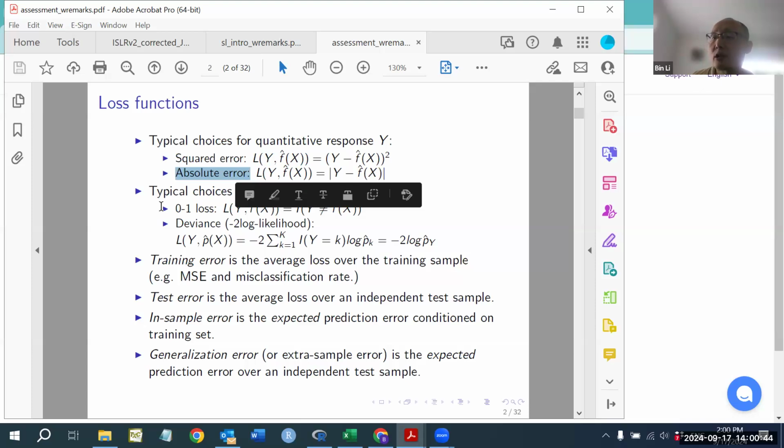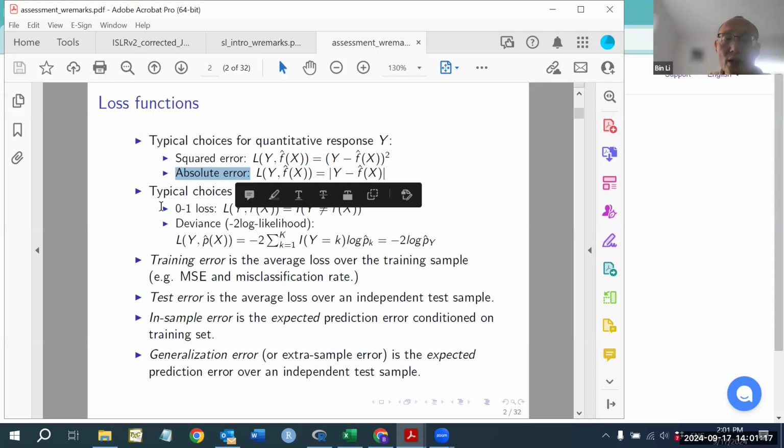So computationally speaking, people like to use squared error. Theoretically speaking, we also have many more theoretical results related to squared error compared to absolute error. So that's why in practice people still like to use squared error.